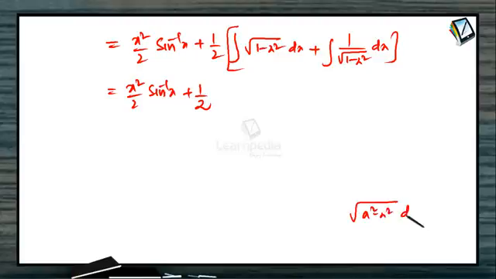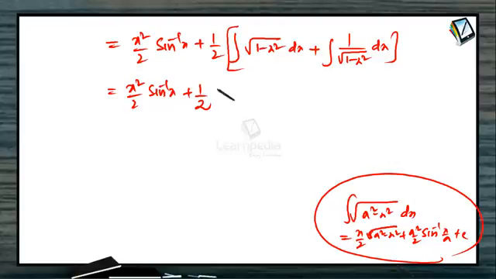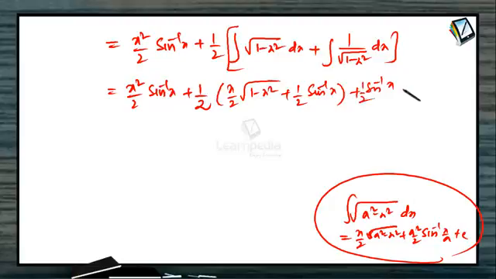Integral of root of a square minus x square is equal to x by 2 into root of a square minus x square plus a square by 2 into sine inverse of x by a plus c. Using this rule, this becomes x by 2 into root of 1 minus x square plus a square by 2 into sine inverse of x by a, where a is 1, plus this is nothing but sine inverse of x, and half multiplies to this one.